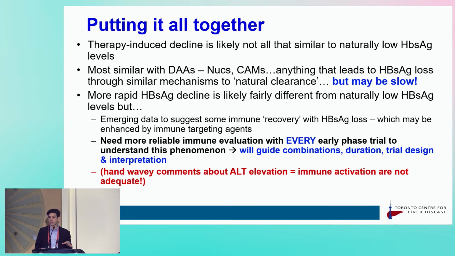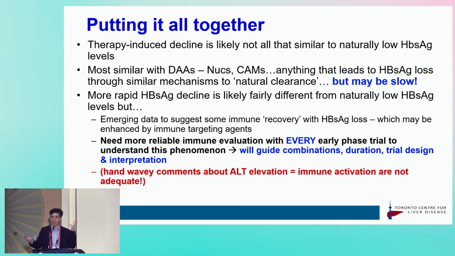I think the message for me, as I really scoured the literature to try to find data to compare these two scenarios, is we don't really know a lot about this, so we need more reliable immune evaluation, I would argue, with every early phase trial of new agents to understand this phenomenon. And I would encourage people doing these trials that this is going to help you. It costs you up front, but it's going to help you guide which combinations, the duration of trials, trial design, and perhaps most importantly, interpretation of your results.